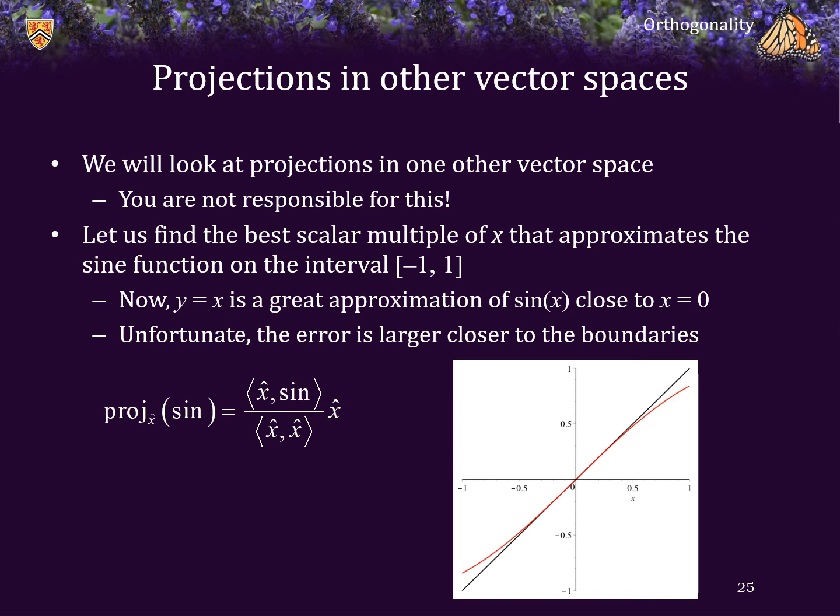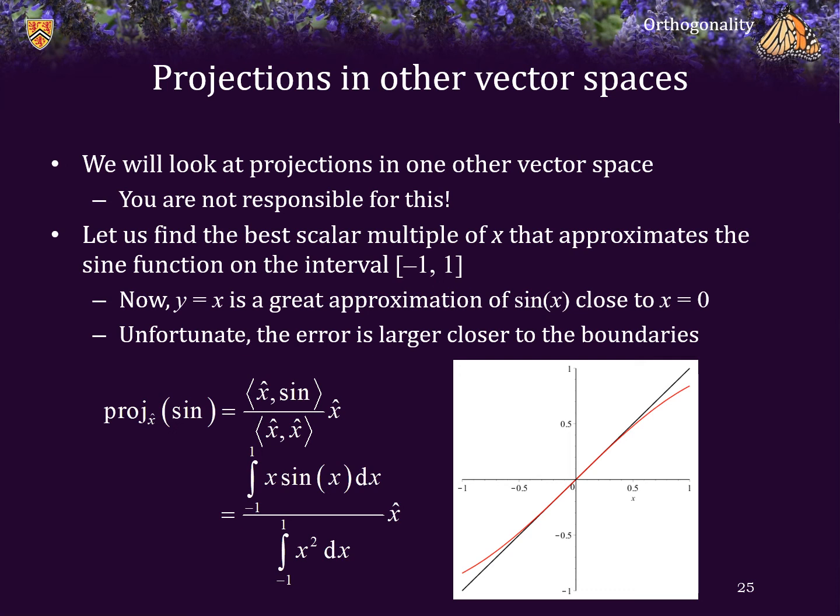Now wait a second. The inner product for functions is just the integral. All right. So the integral from -1 to 1 of x times sine of x is the numerator, and the integral from -1 to 1 of x times x, or x squared, is the denominator. This is all times the function x.